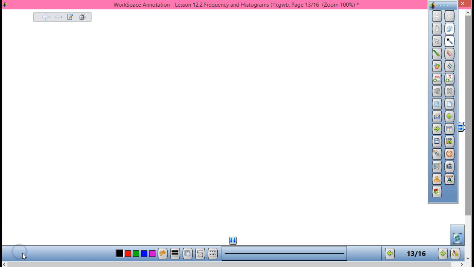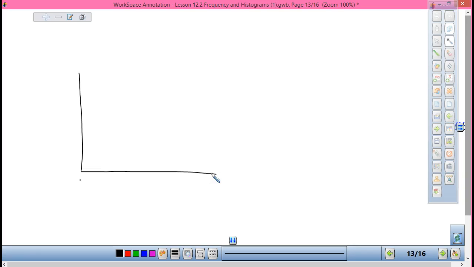All right. So a dot plot is going to look just like a histogram. Only instead, this is 1, 2, 3, 4, 5, 6. And let's just say that we're using that same table that we used in our notes. This was 0 to 5, right?